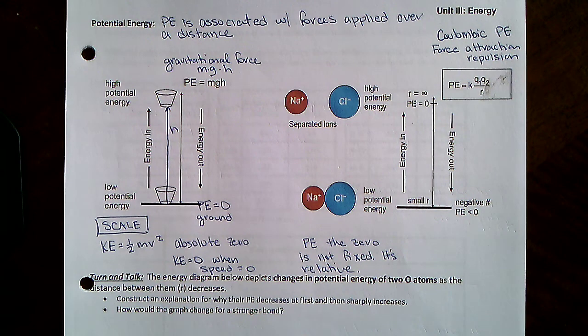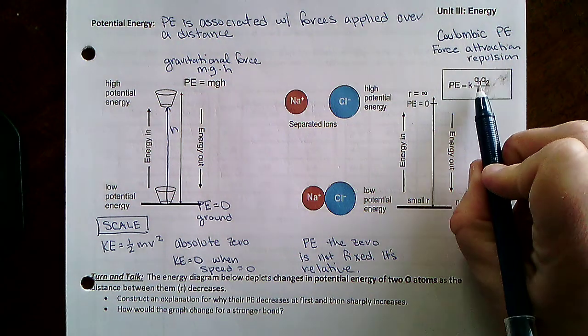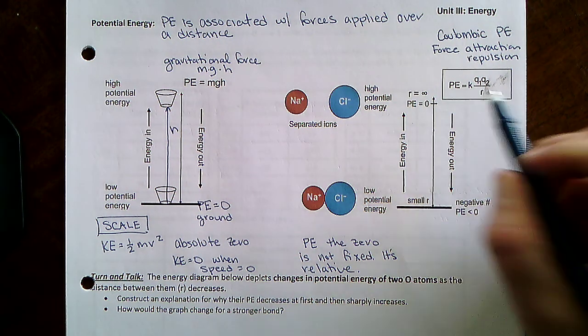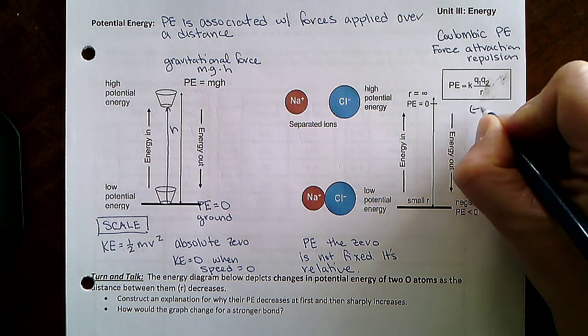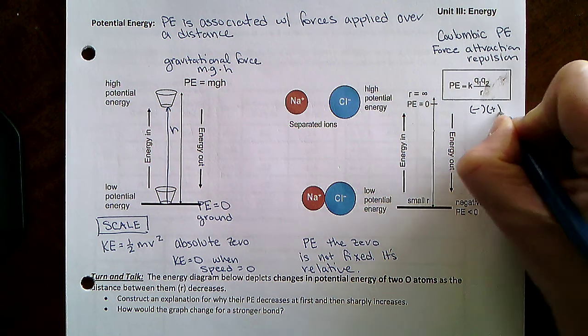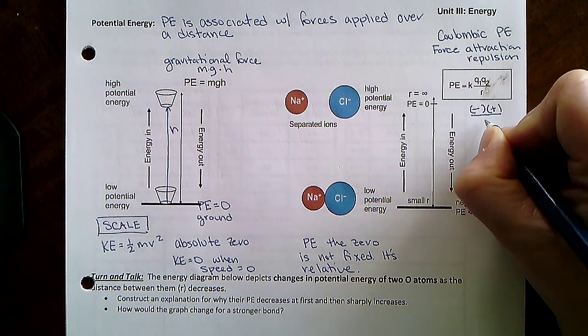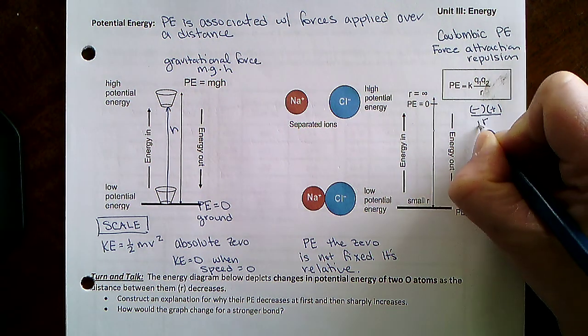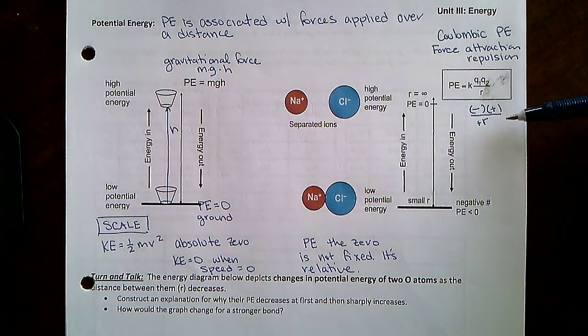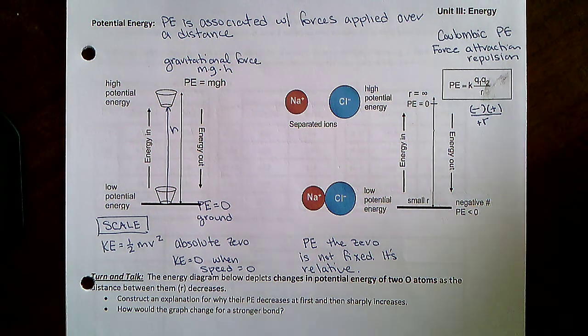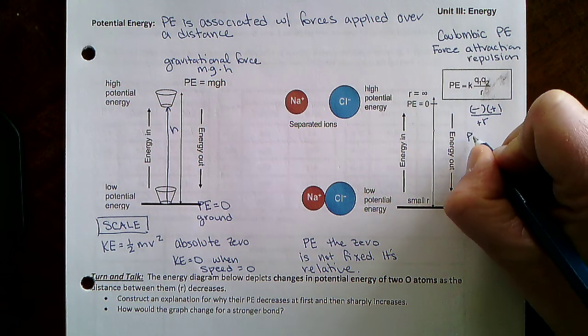With Coulombic potential energy, remember that attraction is between a negative and a positive charge, and the distance between them is always a positive number. So the potential energy of attraction is negative.